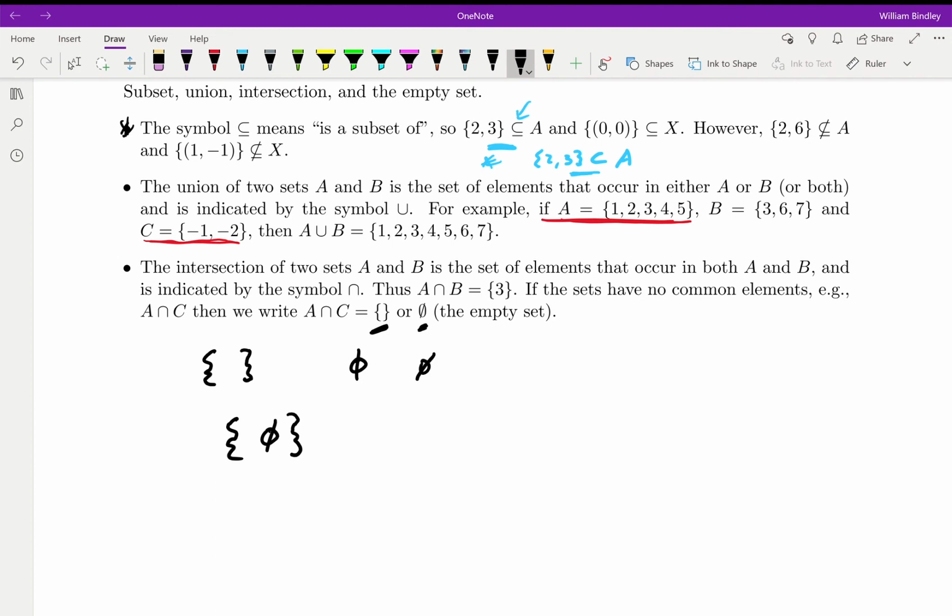But what if you had a folder and you put another folder inside of that folder, and that folder happened to be empty? Well, that would be like the scenario you have here. You have an empty folder inside a folder, and the outer folder wouldn't be empty because it contains a folder. But the inner folder is empty. So this is not the empty set, because it's actually just not empty.